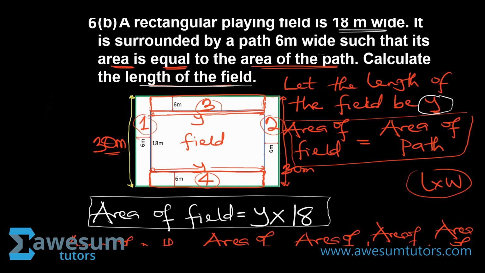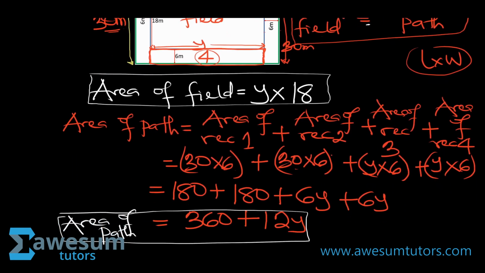The question said such that the area of the field is equal to the area of the path, which we also already put right here. Area of field equals area of path.